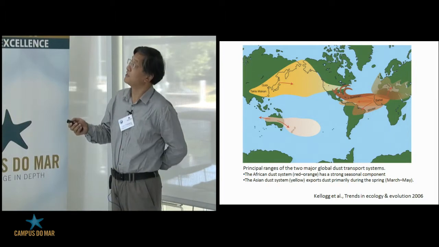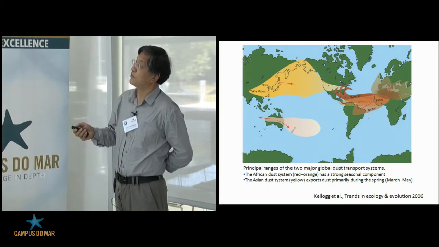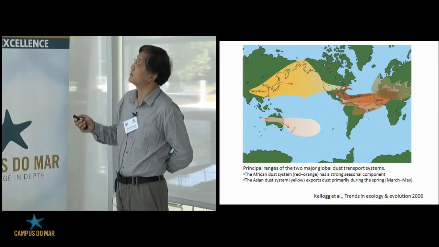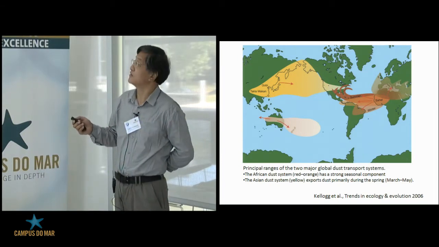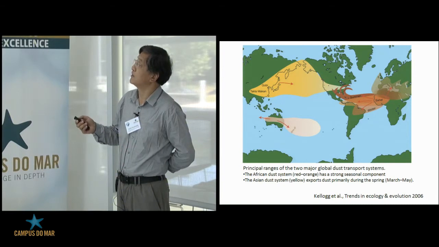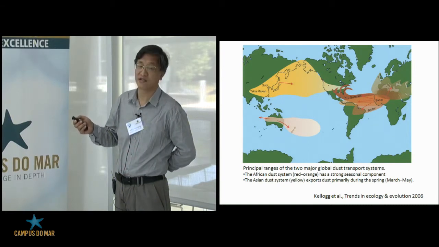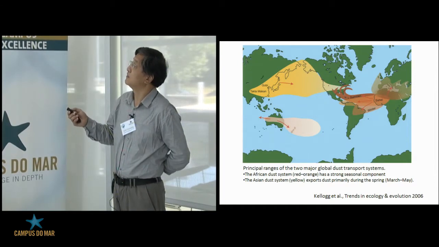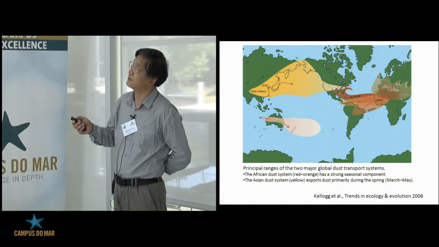This is a map of principal dust systems. The first one is Sahara dust. In summer and in winter, they are transported in different directions and impact different areas. Here is the Mediterranean Sea and Atlantic Ocean. Sometimes they have some impact here.